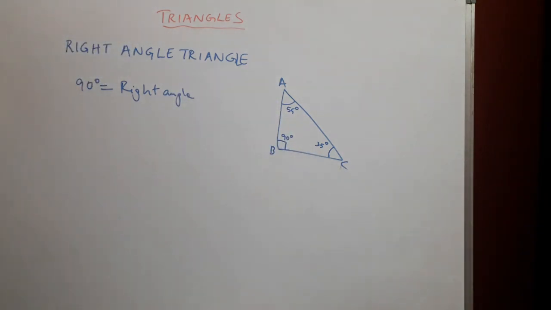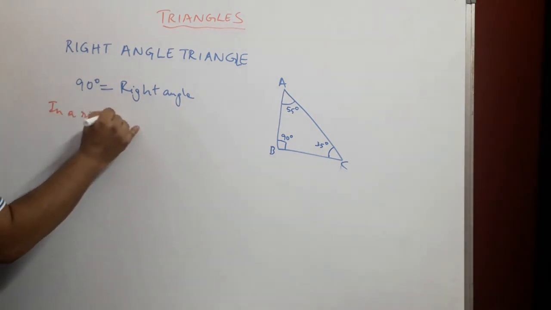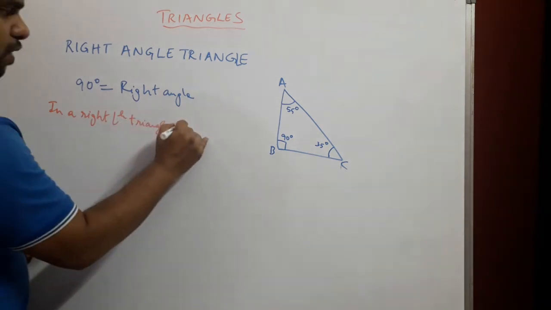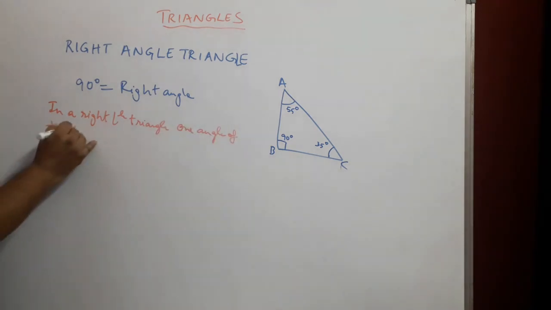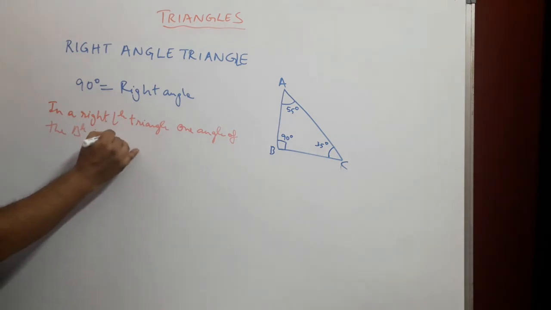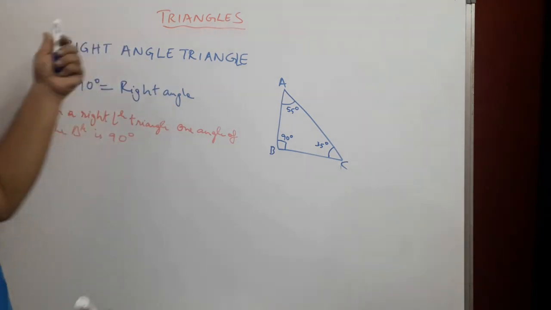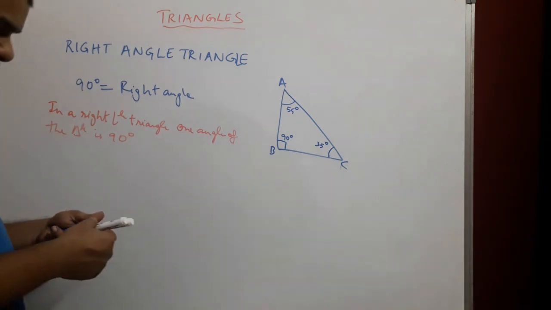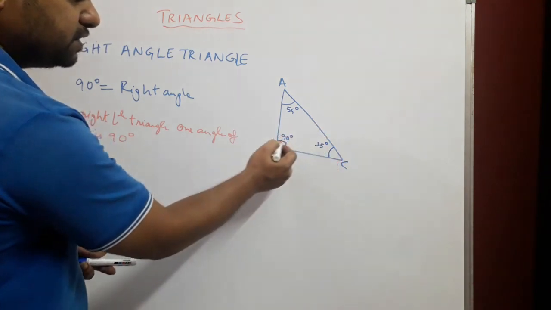So in a right angle triangle, one angle of the triangle is 90 degrees. That's when it becomes a right angle triangle. And in a right angle triangle, the triangle is marked specifically. The longest side of the triangle will obviously be opposite to the greatest angle.